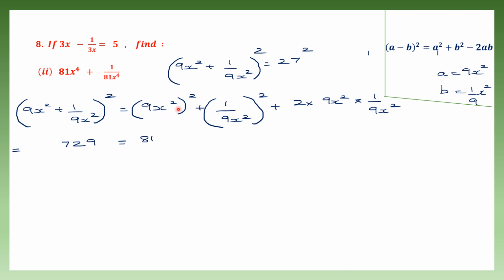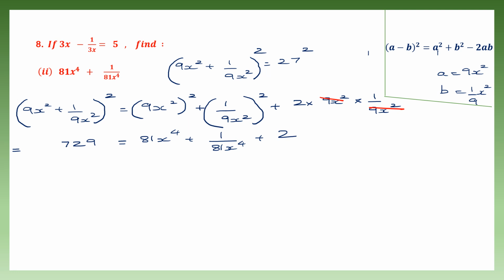Then x square squared means I have to multiply the powers. 2 into 2 is 4. So that becomes x to the power of 4, plus 1 by, again 9 into 9 is 81, and x square raised to the power of 2 is x to the power of 4. Plus 2. Now let's cancel 9x square and 9x square. So we only have 2.